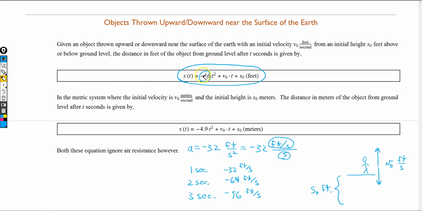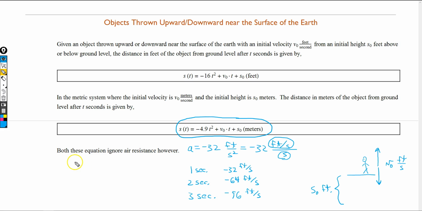Now in the metric system, this equation changes a little bit. In the metric system, our equation is negative 4.9 t squared plus v0 t plus s0 meters. Now time t is still in seconds. Now where does the negative 4.9 come from?